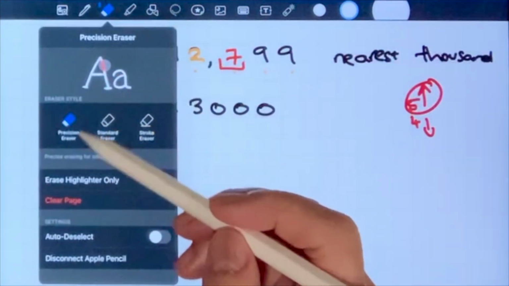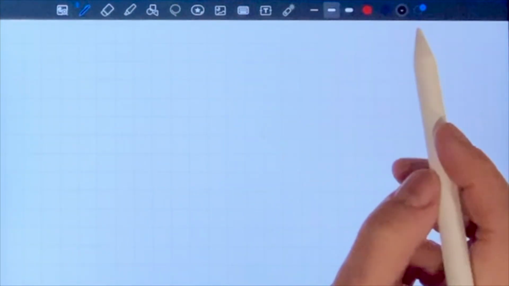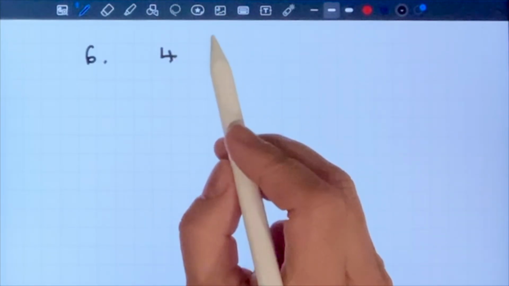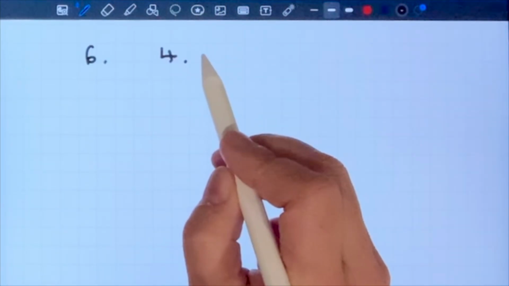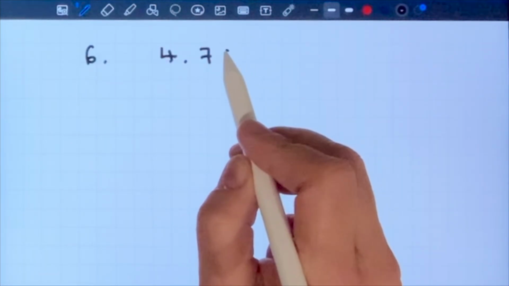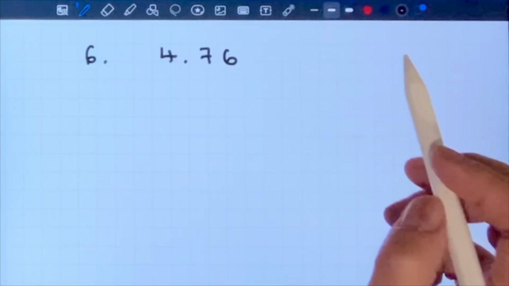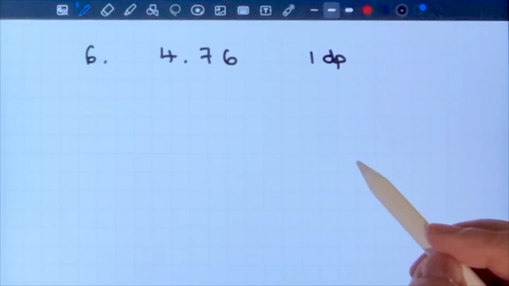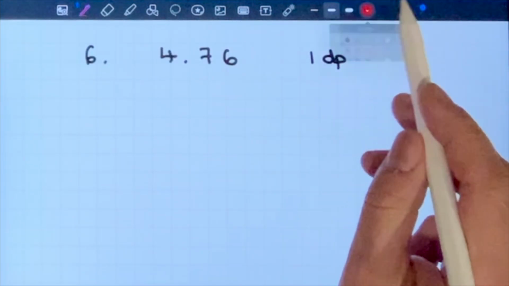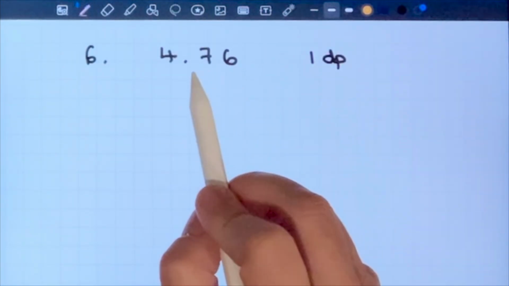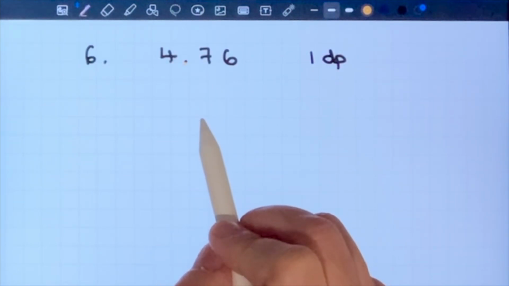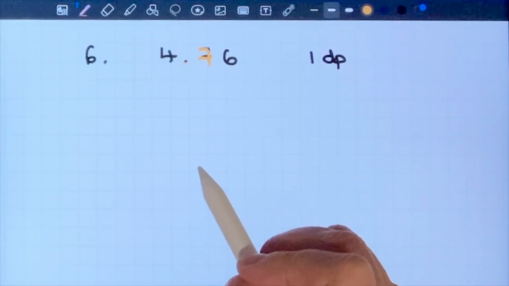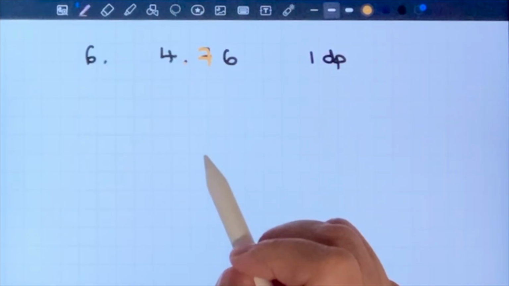So now I want to go through some examples with decimals. So here we have the number 4.76, and we are being asked to round it to one decimal place. So our strategy remains the same. Let's identify our decimal. There it is. So one decimal place is literally one spot straight after the decimal, which is your tenths column.